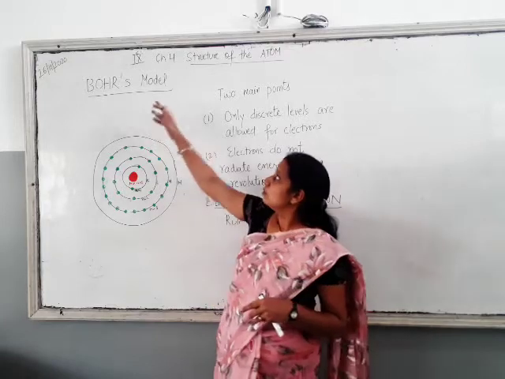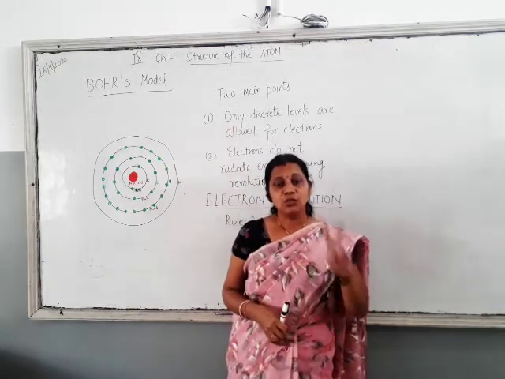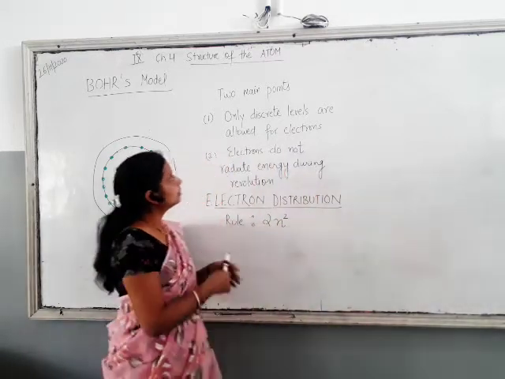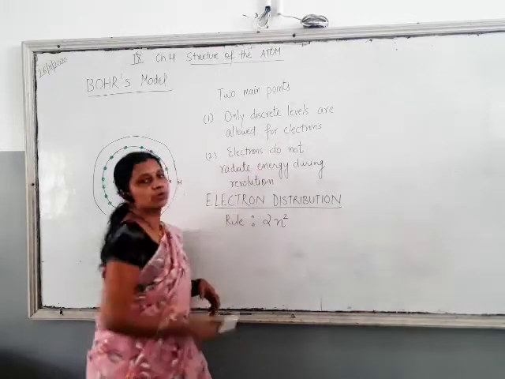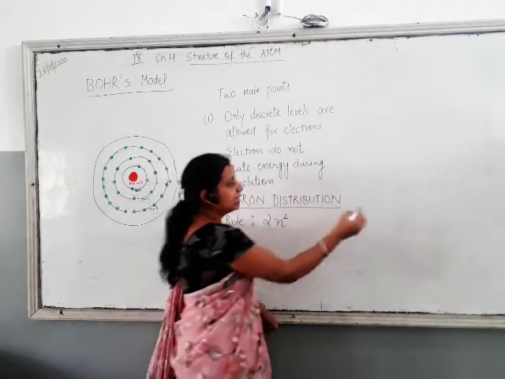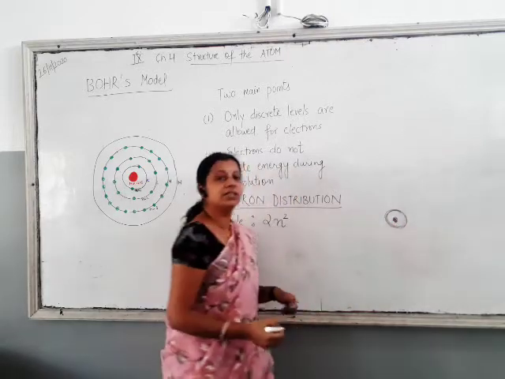Then Bohr gave one model, and the two main points he gave in that model were, first, only discrete levels are allowed for electrons. That means what Rutherford said? Rutherford said in the center you have the nucleus and all electrons are revolving around it.